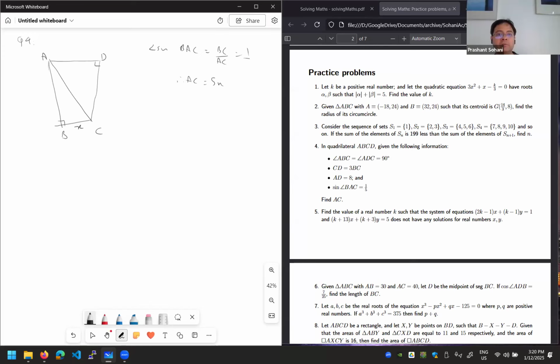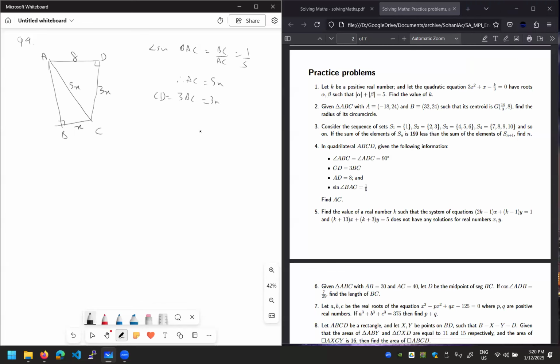Correct. And CD is equal to 3x because it's thrice. Yes. CD is 3 times BC, so it is 3x. And AD is given as 8. Yes, correct. So we can just apply Pythagoras theorem and get x as 2, and then we can substitute it in 5x.